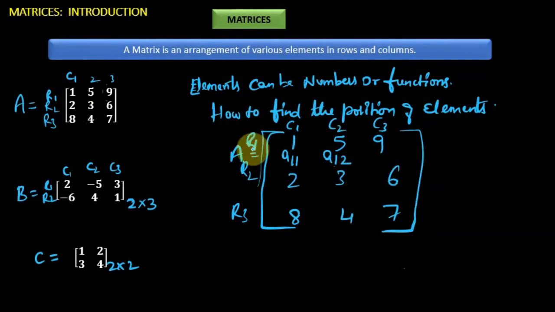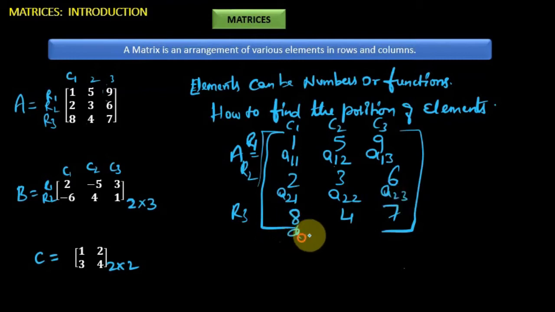Similarly, this third element 9 is present at first row and third column. 2 is present in second row and first column. Similarly 3, second row and second column. This one, second row and third column.